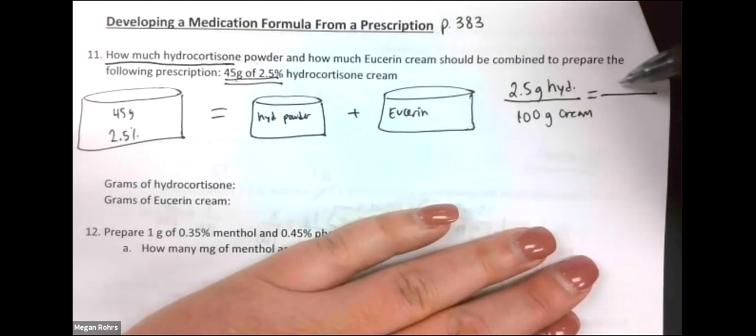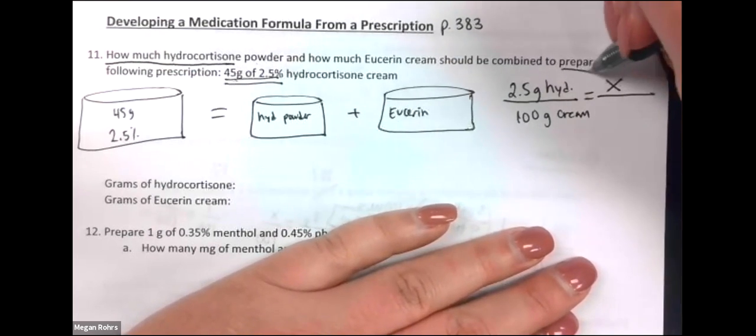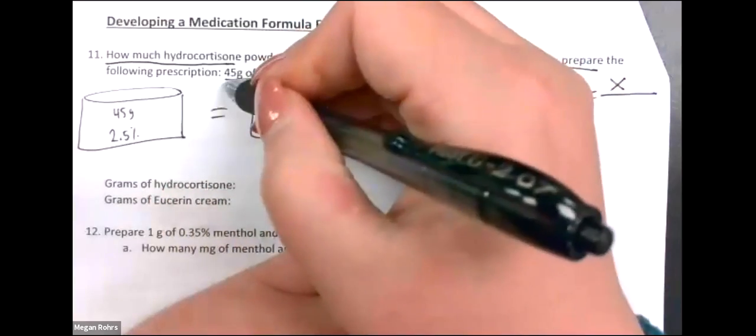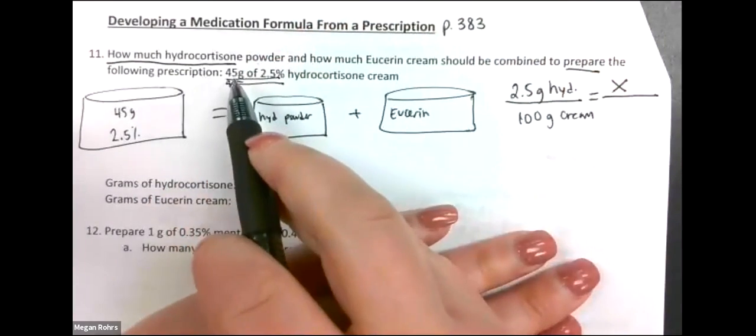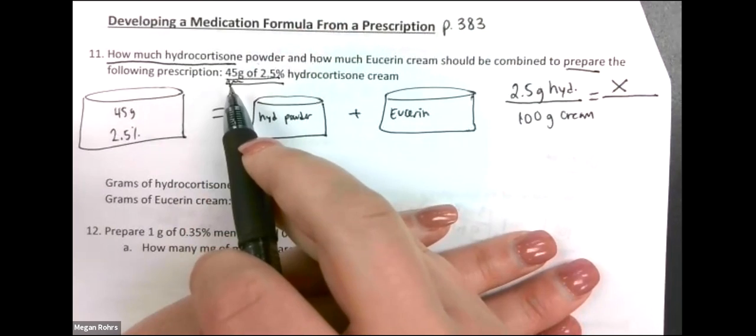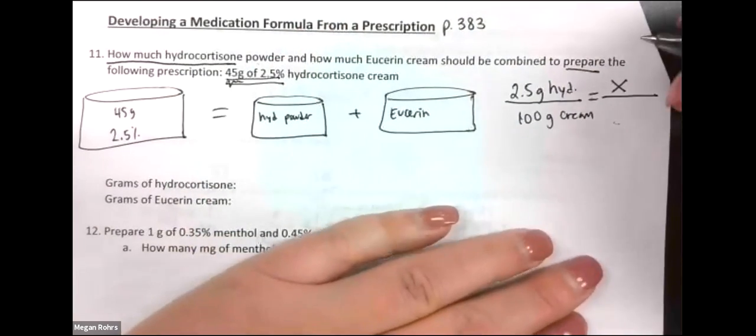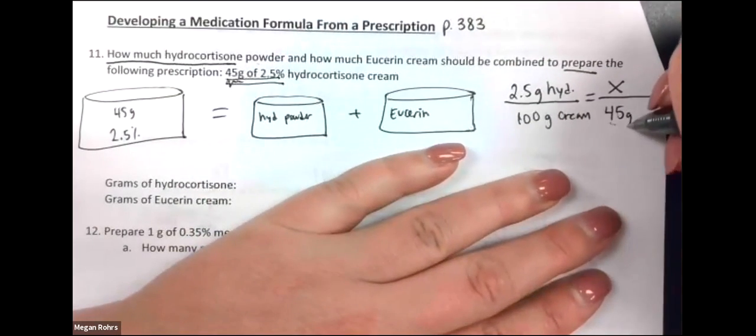Well, hydrocortisone, our active, always goes on top. That is what I do not know. And then I'm trying to prepare a total of 45 grams, so total cream needs to go on the bottom.